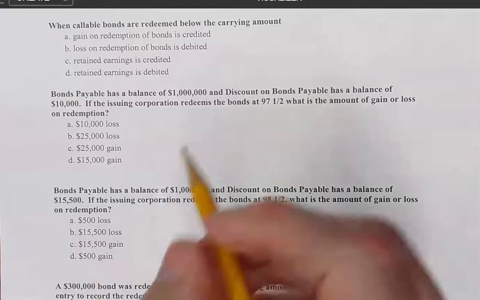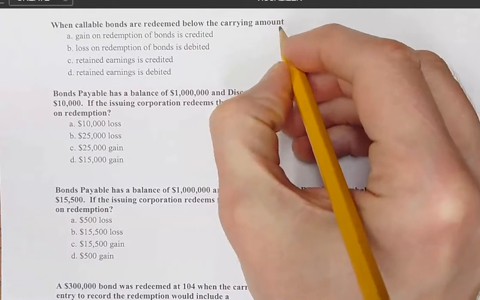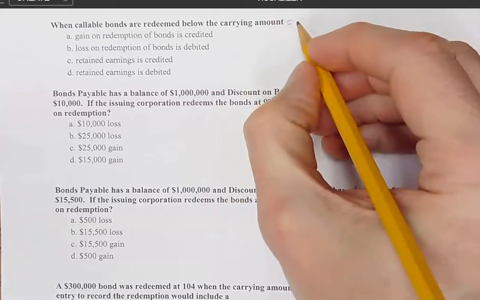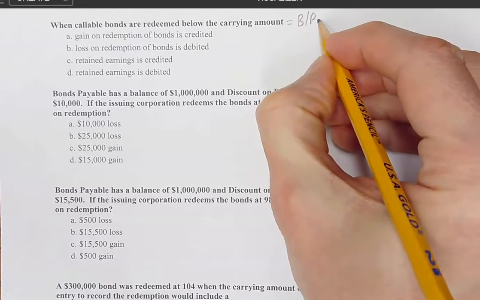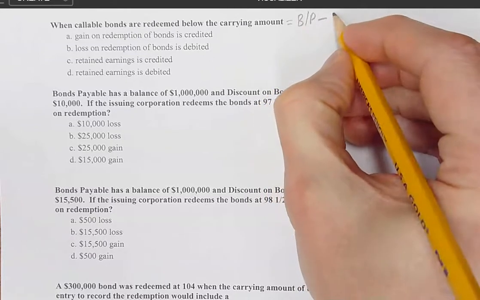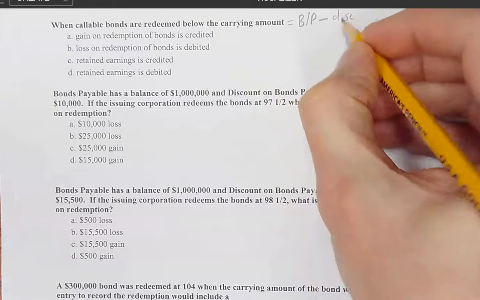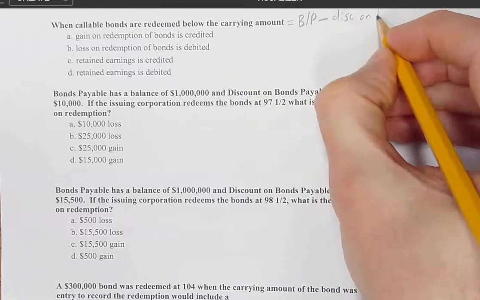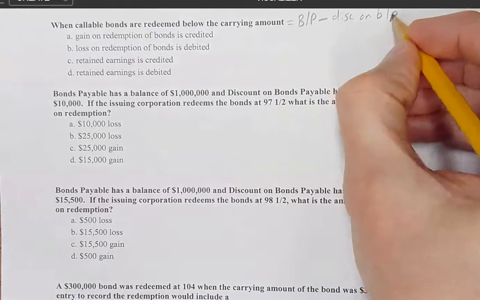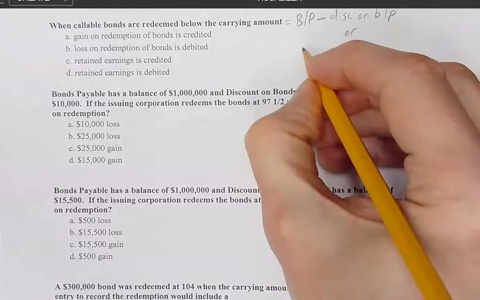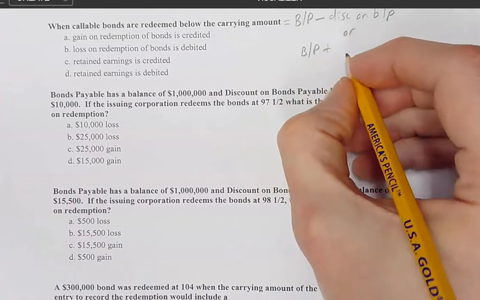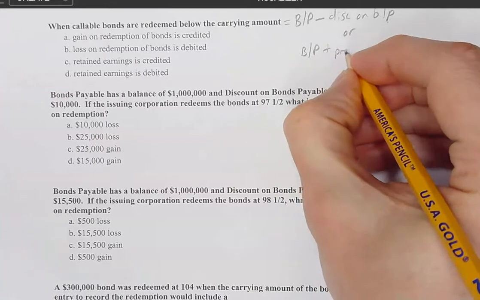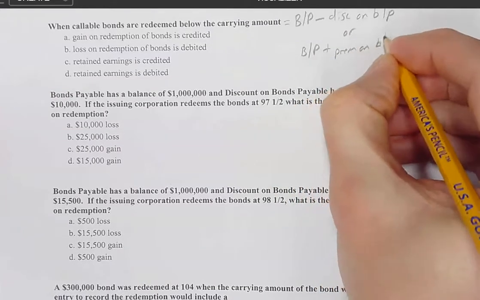The carrying amount equals the bonds payable minus the discount on bonds payable, or the bonds payable plus the premium on bonds payable.